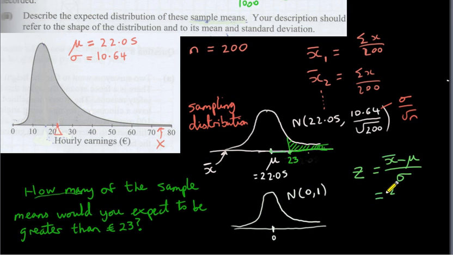So x bar is 23. Subtract the mean, which is 22.05, and we divide by sigma, the standard deviation, except it's not 10.64, it's 10.64 over the square root of 200. That's the standard deviation of the distribution of means, our sampling distribution.